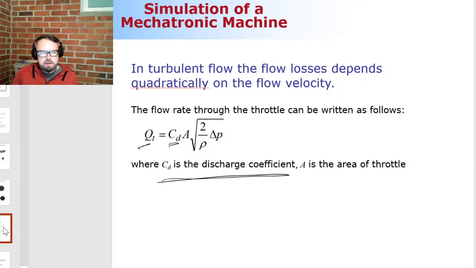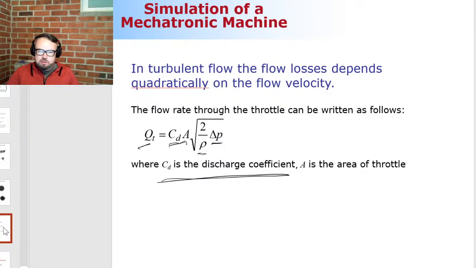You can get it from measurements and from more detailed and sophisticated computing, but we are not going to use that approach. Then there's the cross section of the throttle, and then there is the density. And look at this: under the square root, we have the pressure difference. Just under the square root. That is important. I'm just checking if my camera is still on. Yeah, it seems to be on.